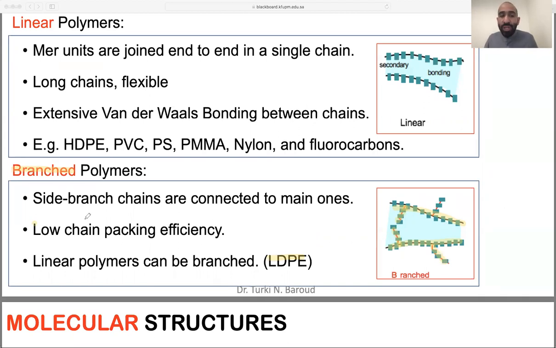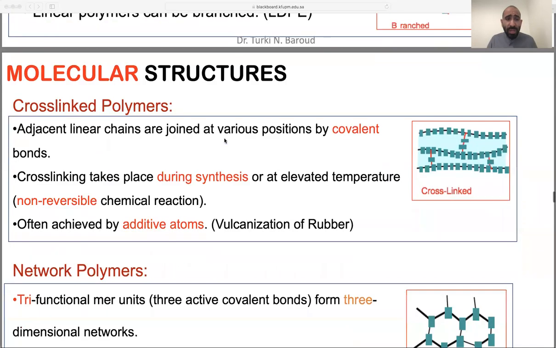So you get low chain packing efficiency, and that will result in low density polyethylene compared with the linear polymer. This kind of polymer is actually branched, right? So in linear polymer you get high density, and in branched polymer you get low density polyethylene.